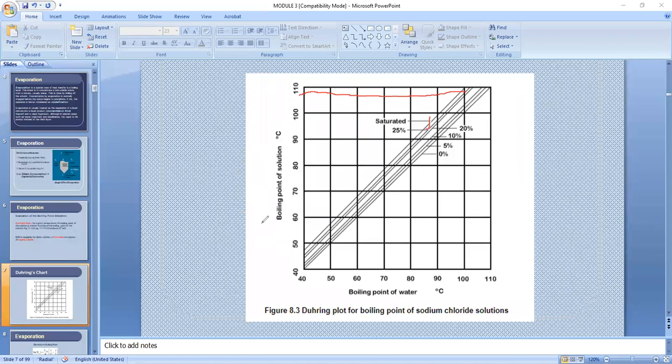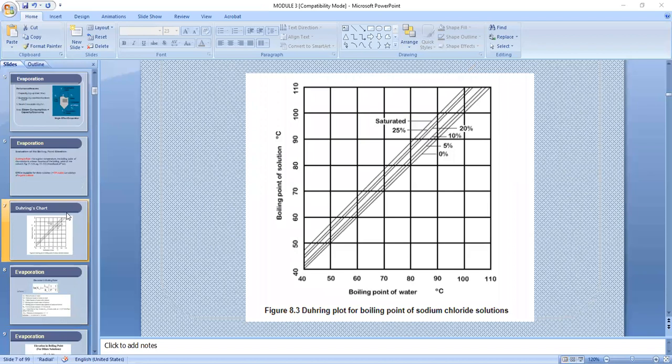So the BP of your solution minus the saturation boiling point of water is the BPR or BPE, the boiling point rise. As I've mentioned over and over again, if the percentage solids of your feed is greater than 10%, we account for the BPR of our solution. We check in your book, in your handbook, the corresponding Duhring's chart for NaOH and for other systems as well.